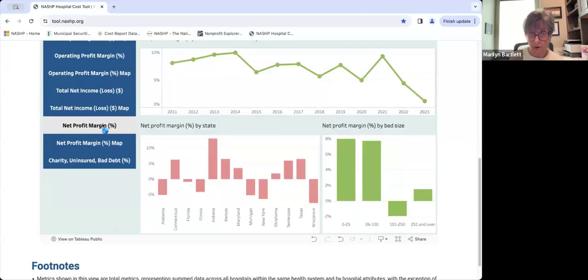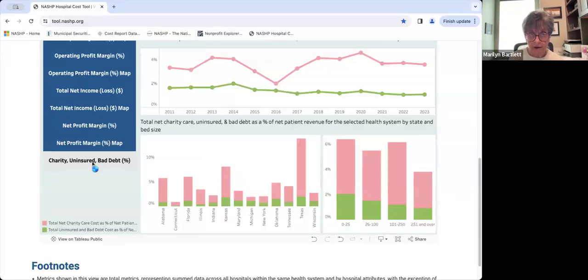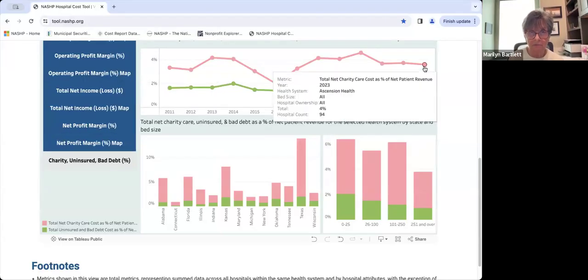Same view on net profit margin. And again, when you go to the map, you're able to see the low to the high, and you're able to see the color coding here. Charity care, uninsured, and bad debt. This was interesting to me because you'll see that as a system, the pink is the charity care cost as a percent of net patient revenue.